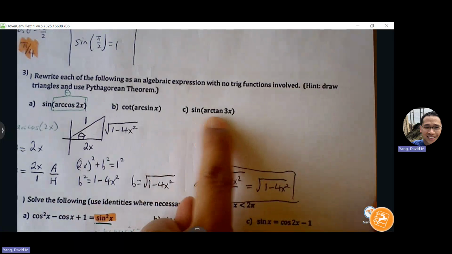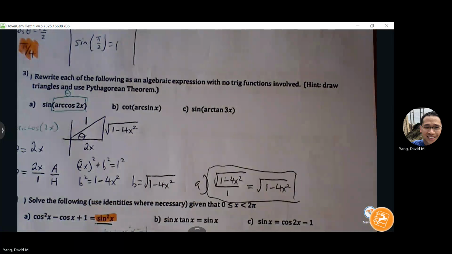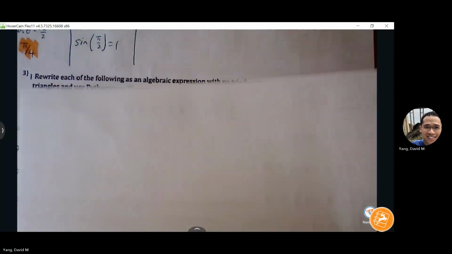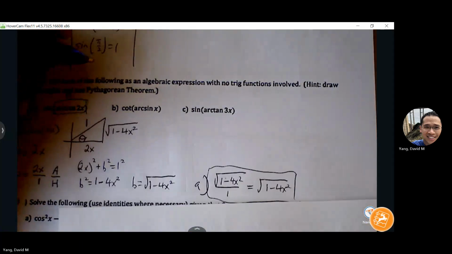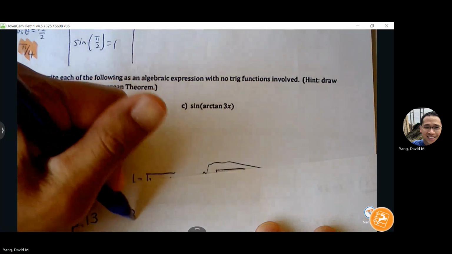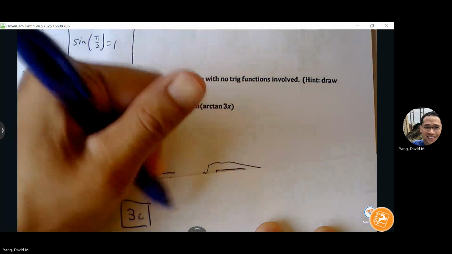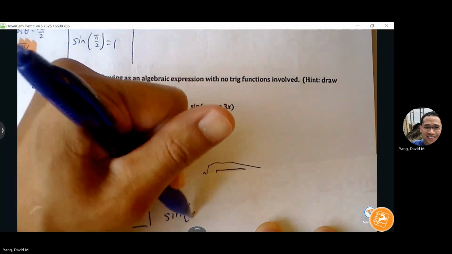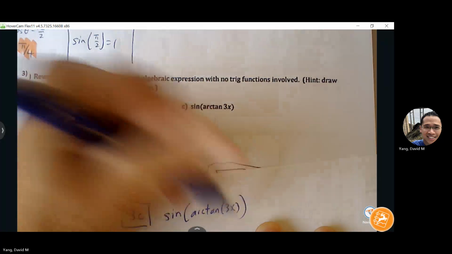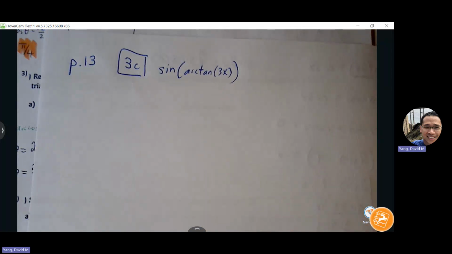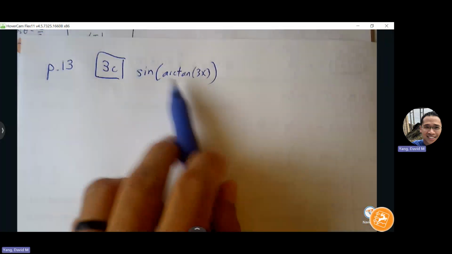Okay, so we want to do sine of arctangent 3x. We always want to focus our attention on this portion first, right?